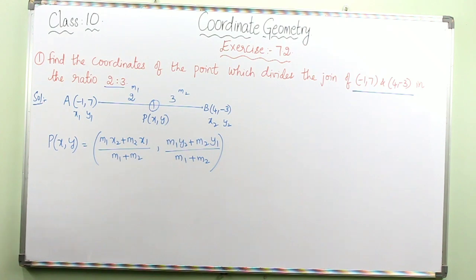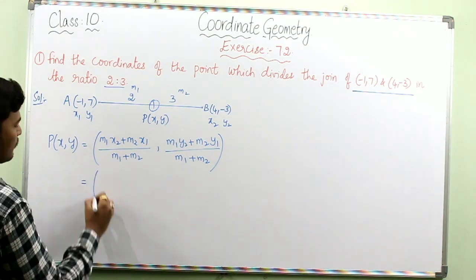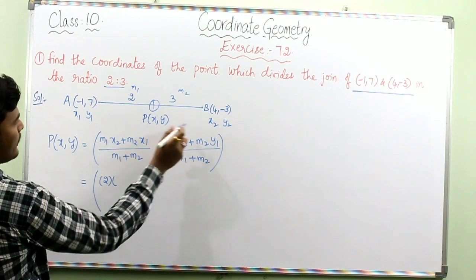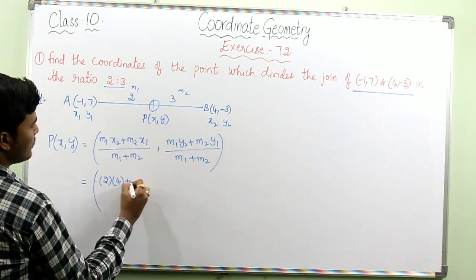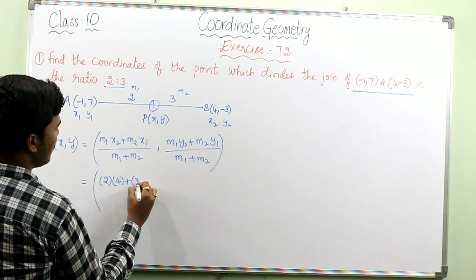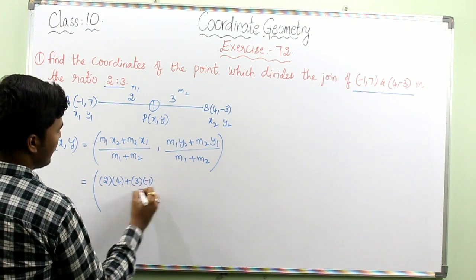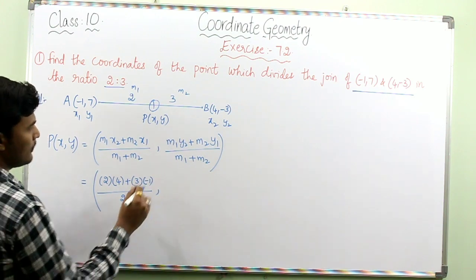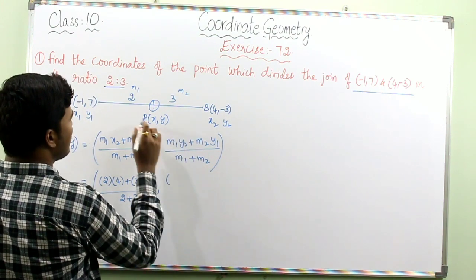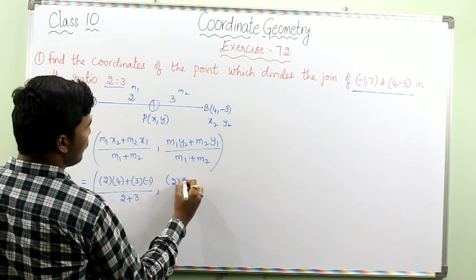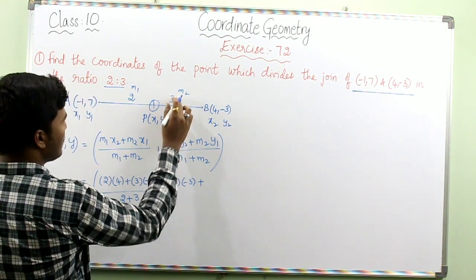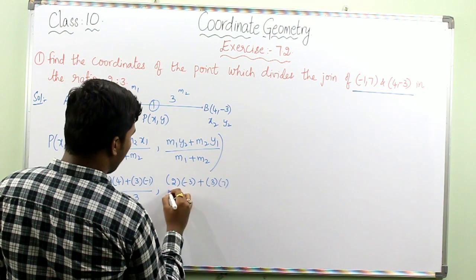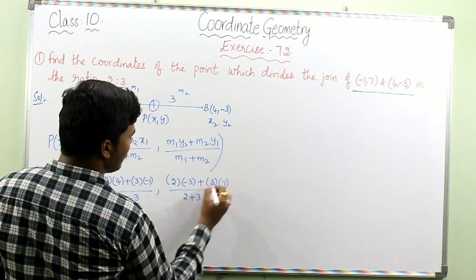Now let us substitute these values in this formula. m1 we have as 2, x2 we have as 4, plus m2 we have as 3 and x1 we have as -1, and m1 plus m2 is nothing but 2 plus 3. And next, m1 is 2 and y2 is -3, plus m2 is 3 and y1 is 7, by 2 plus 3.